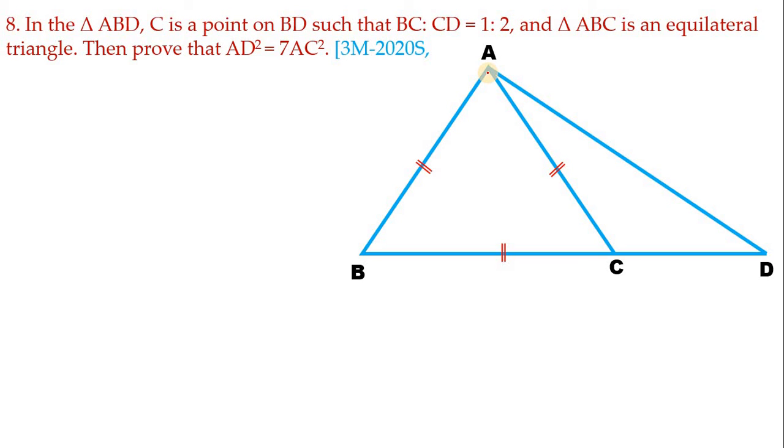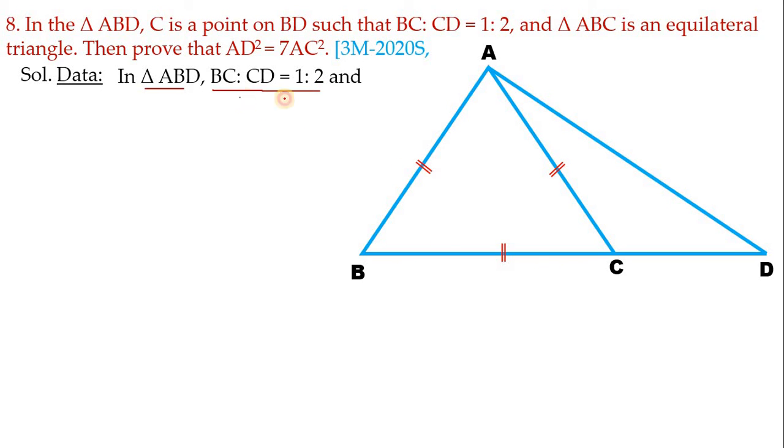To solve using the Pythagoras theorem concept, here there is no right triangle at all. Hence, you have to take the help of construction. That we'll see in the construction step. But before that, first let me write the data, the given things. So data: in triangle ABD, BC is to CD equals 1 is to 2.